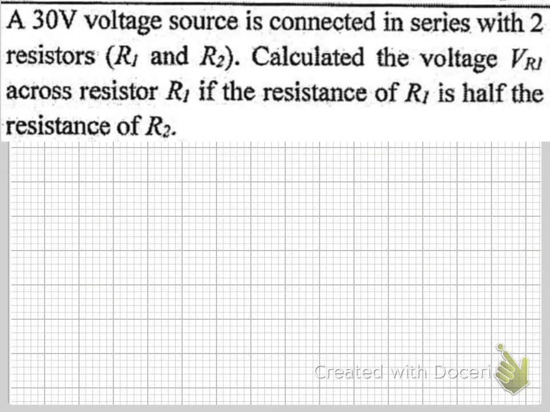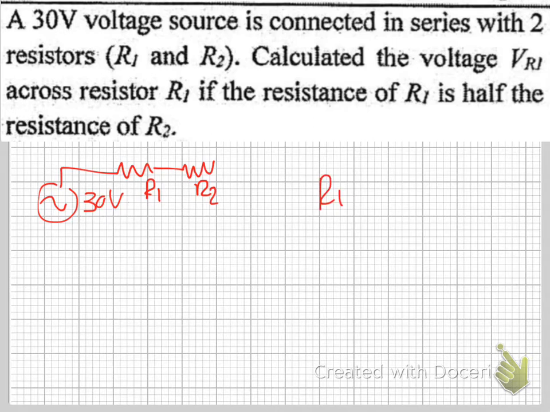A 30 volt voltage source is connected in series with 2 resistors, R1 and R2. Calculate the voltage VR1 across R1 if the resistance of R1 is half the resistance of R2.